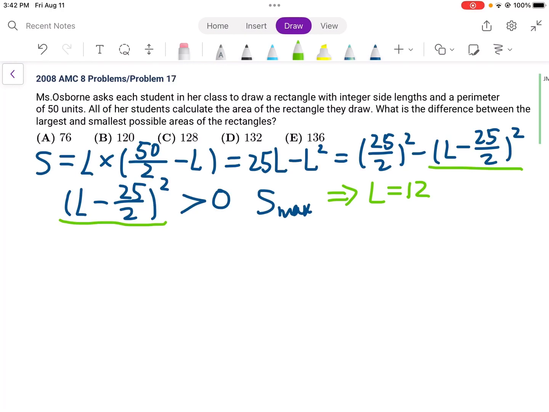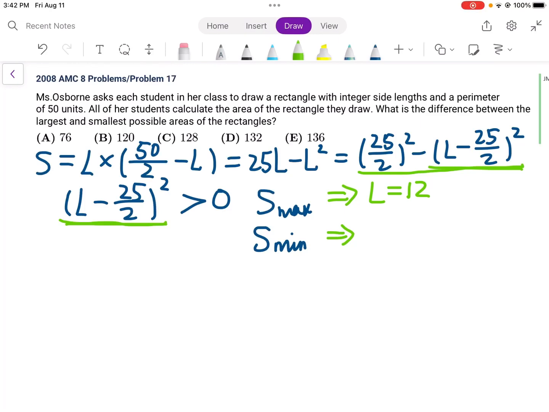Similarly, if we would like S to be the smallest, its minimum value, this square should be as large as possible, so we can make the result here as small as possible.